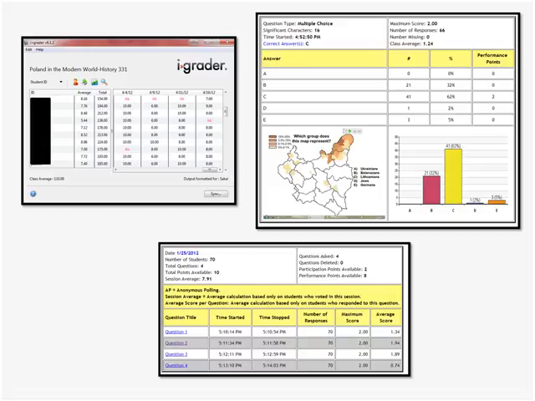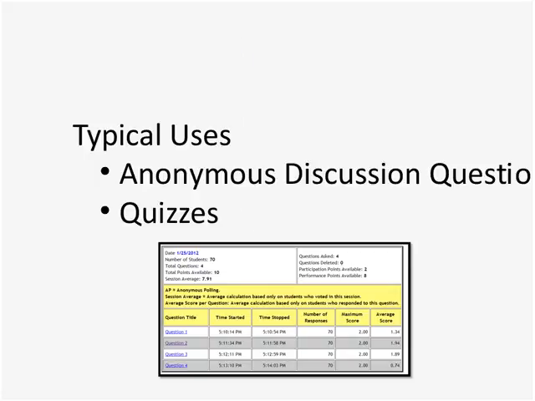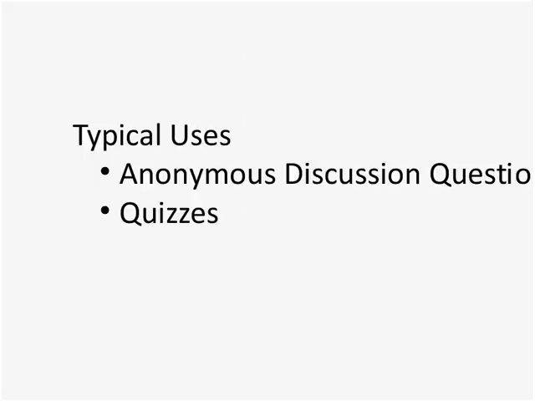Now, I've introduced clickers into my lectures in two different ways, and I think that my classroom engagement has improved dramatically as a result. I use clickers for anonymous questions, and I use clickers for quizzes, going so far as to totally replace other forms of examination, and I'll explain and defend that strategy as I go forward.